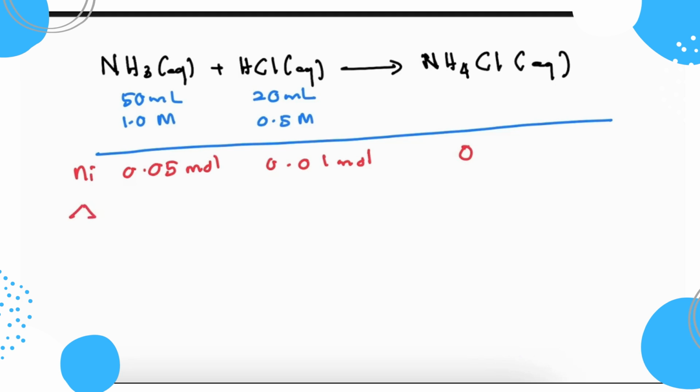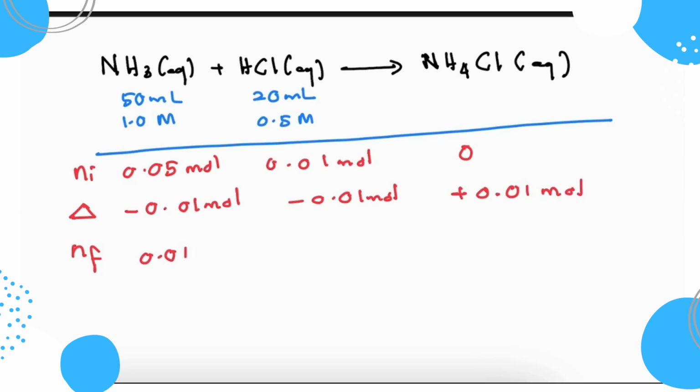And the changes, because we have the number of moles for both, the changes is negative 0.01 mole, negative 0.01 mole, and for the salt produced, we gain 0.01 mole. And finally, here we have 0.04 mole for ammonia, 0 for hydrochloric acid, and 0.01 mole for the salt.